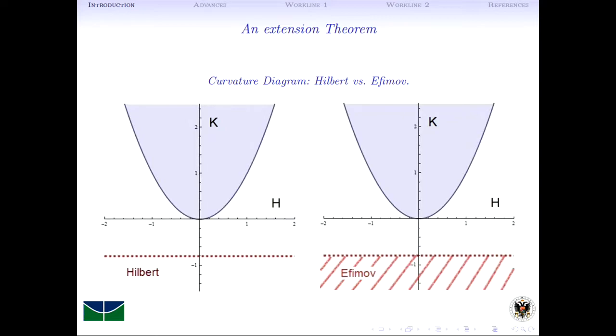In this curvature diagram, we can compare such results, and we can observe that the non-existence area for Efimov's theorem indeed extends the non-existence area for Hilbert's theorem. Clearly, Efimov's theorem extends Hilbert's theorem.